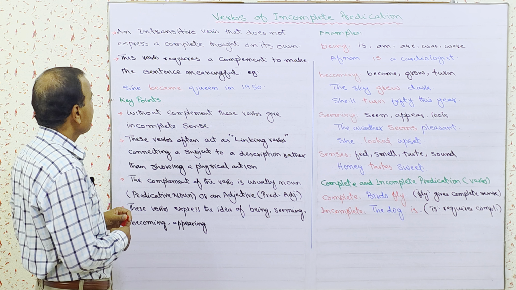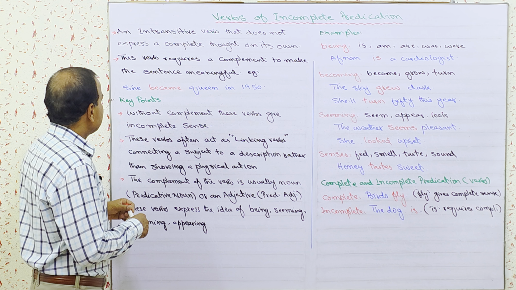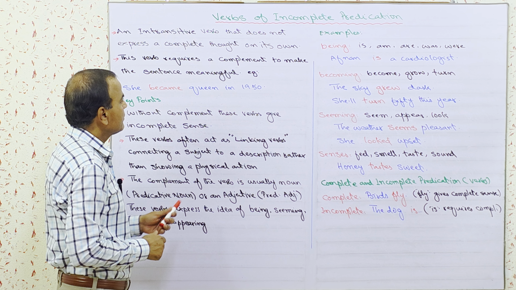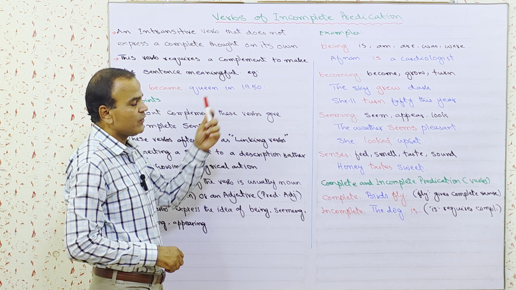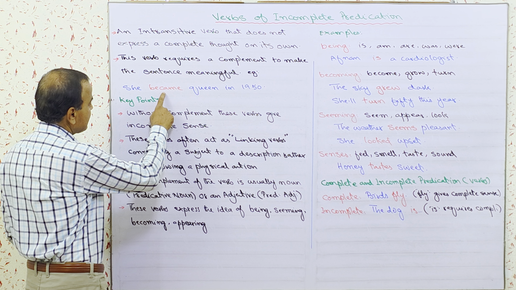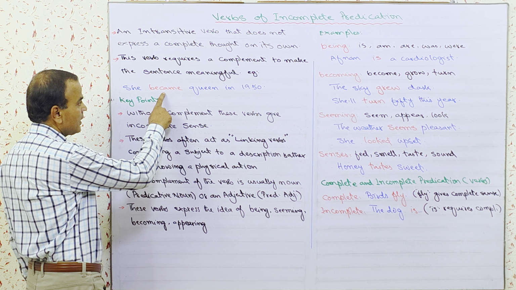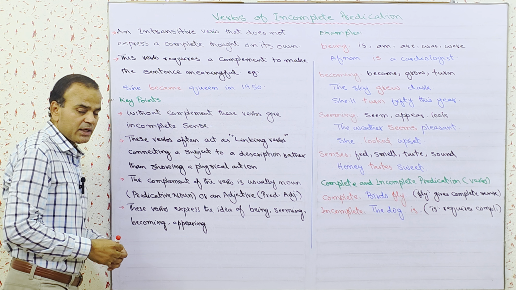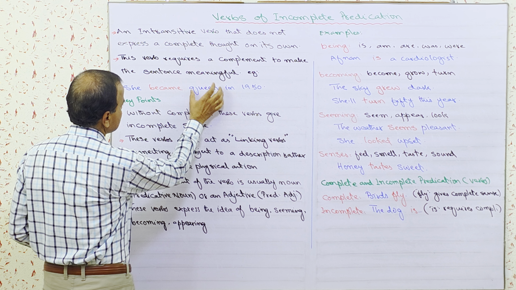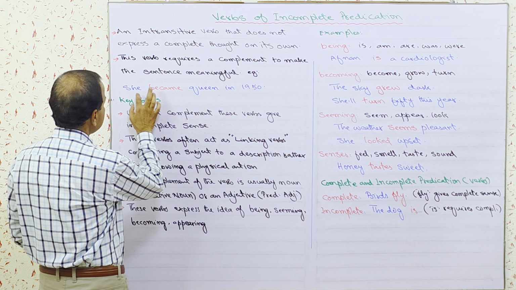For example, the sentence is she became queen in 1950. The verb in this sentence is became and it is a verb of incomplete predication. If I remove this part of the sentence, the word queen, I say she became.